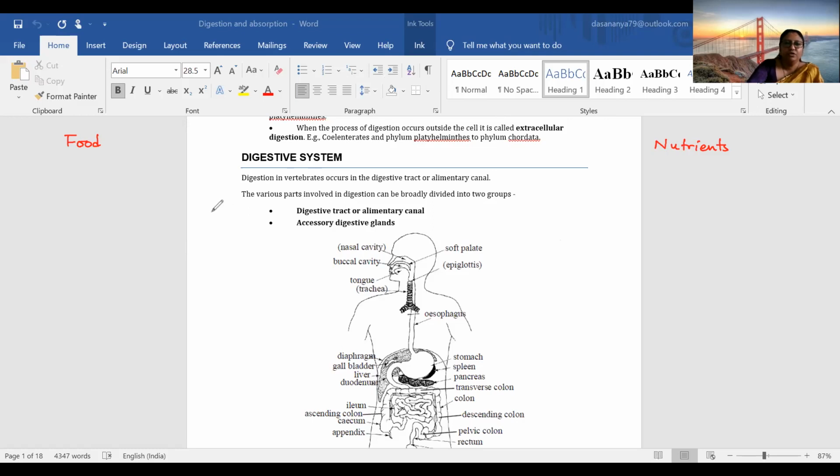Okay, let me tell you. Food means, ma'am, yes, bolo. Ma'am, we extract nutrients from the food by converting it into simpler ones. Yes, correct. So nutrients means things, or rather to polish this more, substances which provide nutrition.